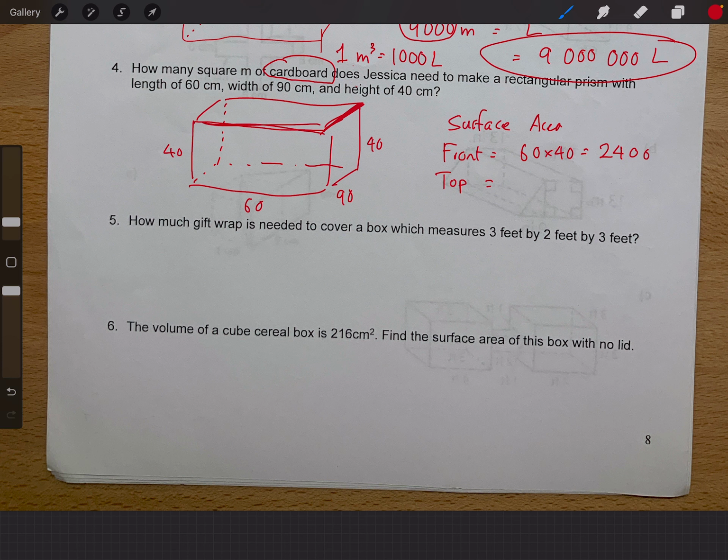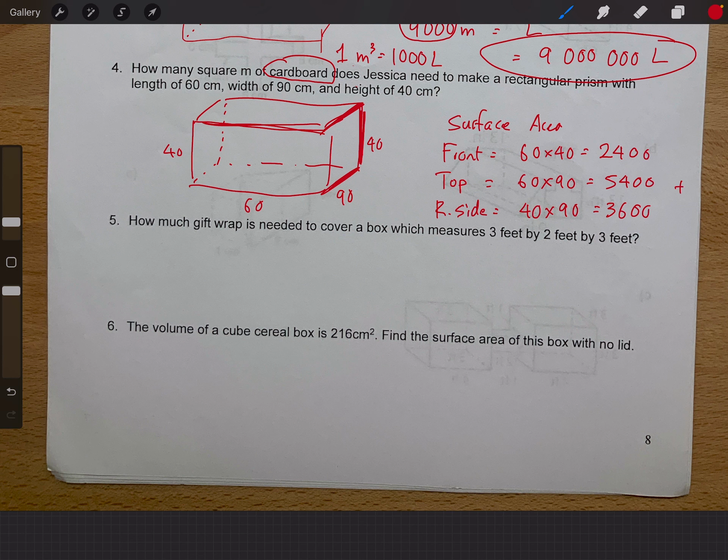Yeah, or you can say 60 times 90. 6 times 9 is 54 with 2 zeros. And now the side, so let's say the right side. The right side is 40 times 90. So 4 times 9 is 36 with 2 zeros.